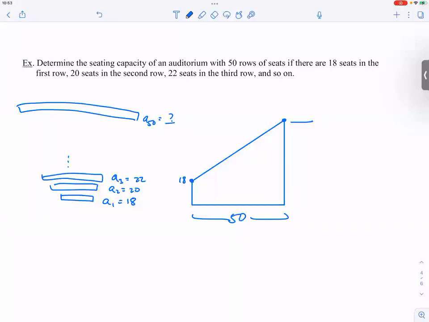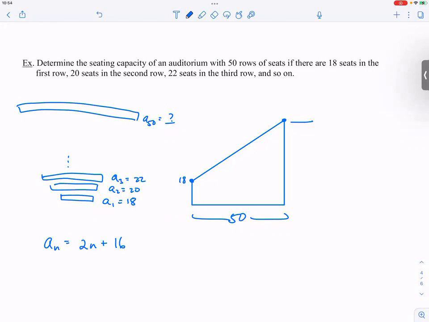To find out the 50th row, it will be very helpful if you know the formula. We know we're adding 2 seats every single row. So we say 2n, and then 2n plus how many? 16. Because when n is equal to 1, you have 2 plus 16, which gives you 18.